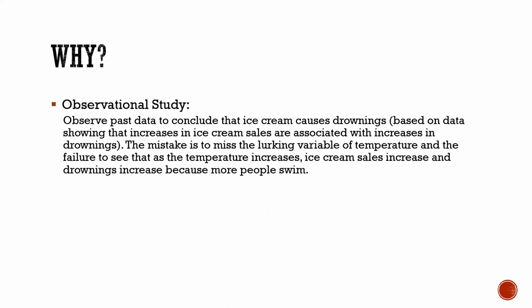So this is an observational study, right? What this is missing is the lurking variable of temperature, right? That causes, as the temperature increases, ice cream sales increase and drownings increase because that causes more people to swim, right?